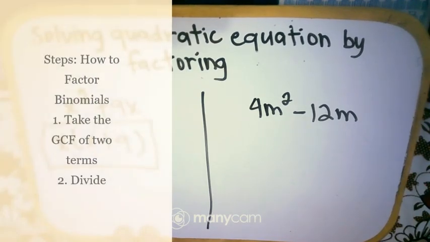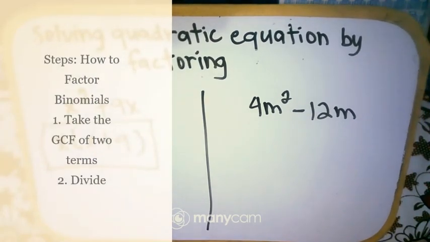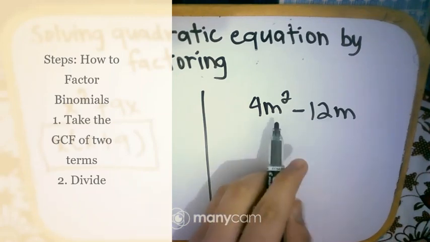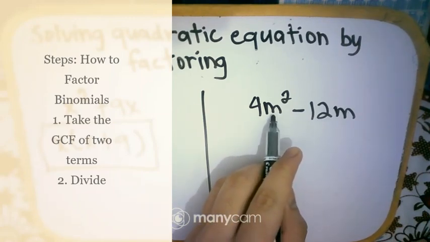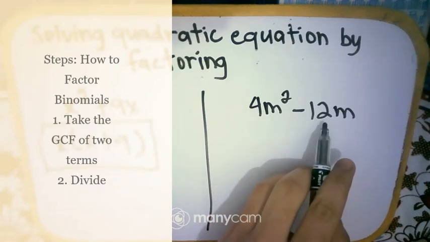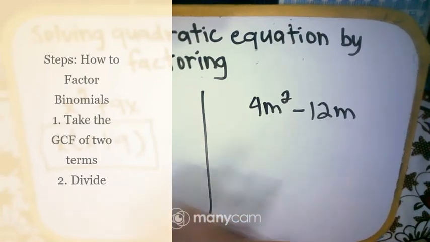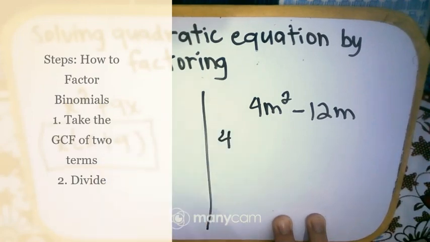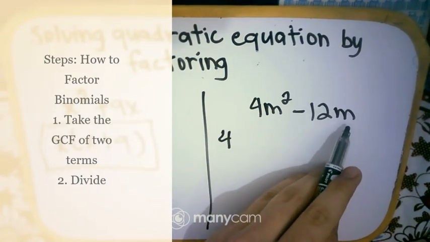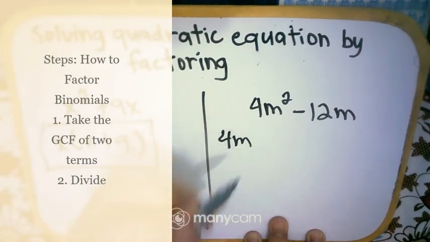Next one is 4m squared minus 12m. So, ang una natin gagawin, get the GCF of the number first, and then GCF of the variable. So, ano ang GCF ng 4 and 12? So, we have 4. Ano ang GCF ng m squared and m? So, we have m.